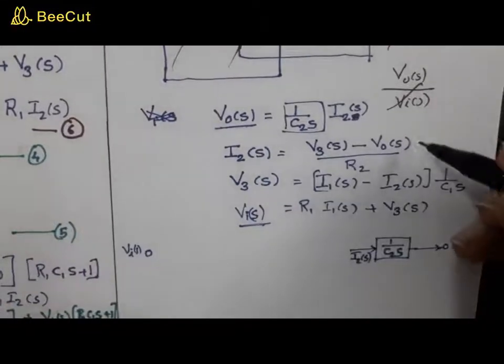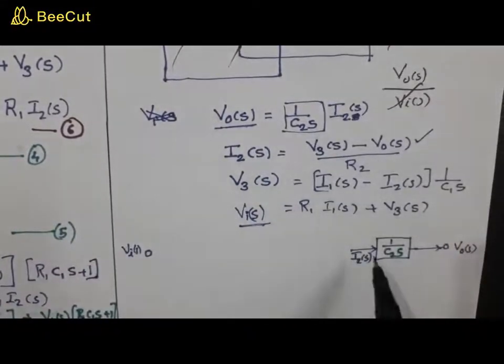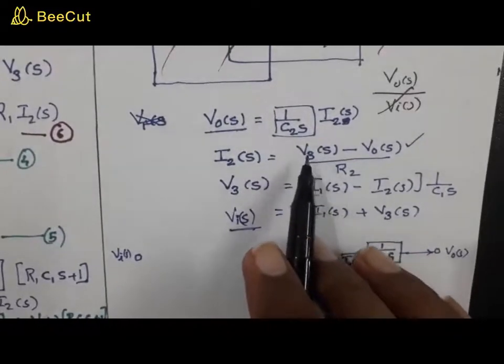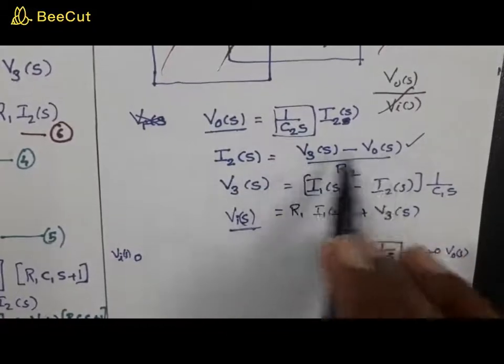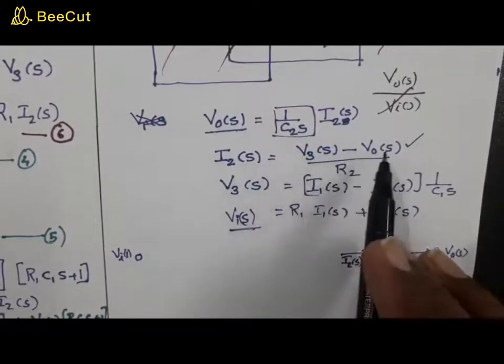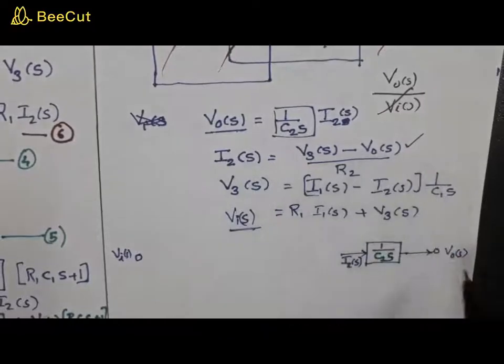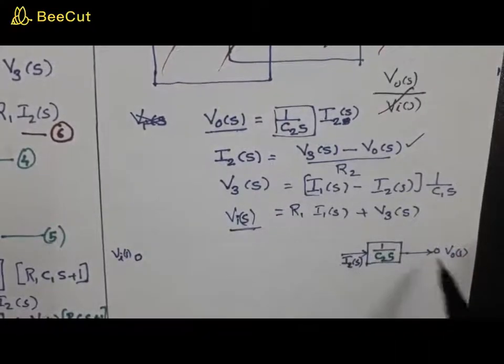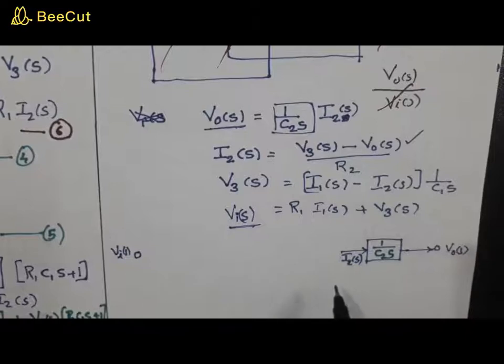Now coming to the second part. Here it gives you what I2 of s is. When you look at it, it is a difference of two voltages, that is V3 of s and the output. Now if one of the components of I2 of s is V0 of s, that means this has to be fed back, right?